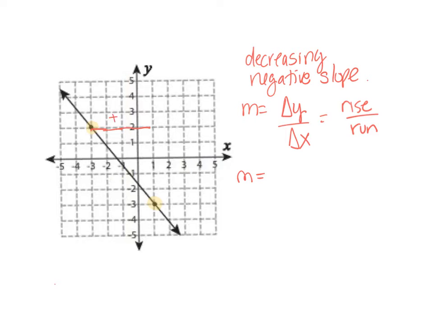Well, right 4 is a positive 4 move. But I need to know that what I just counted there was the run. And that run needs to go in the denominator. And then if I count down, 1, 2, 3, 4, 5, that's a negative 5, and that needs to go in the numerator because that was my rise.